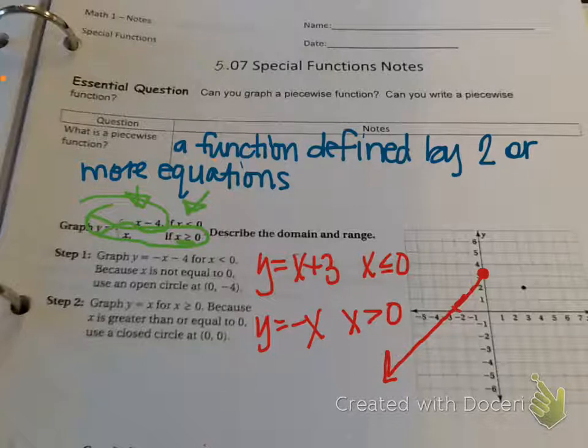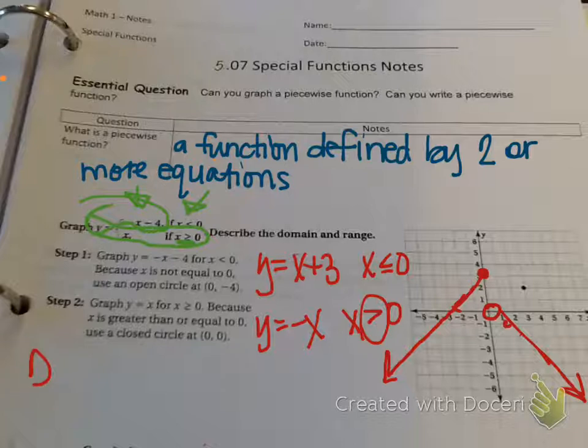So that starts at 0. There's no equal sign here, so I have an open dot. When I graph this, I'm going down 1, right 1. So this is what my piecewise function looks like.